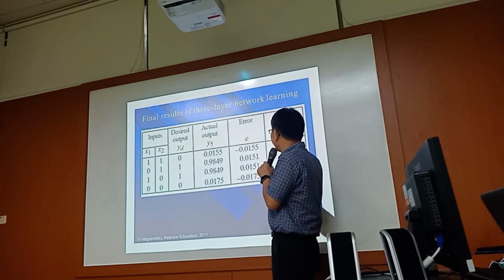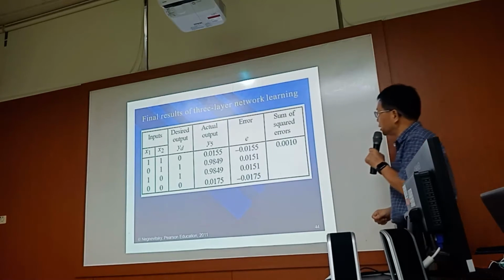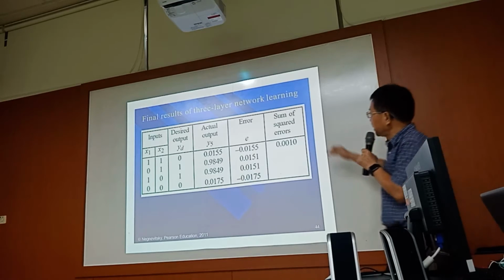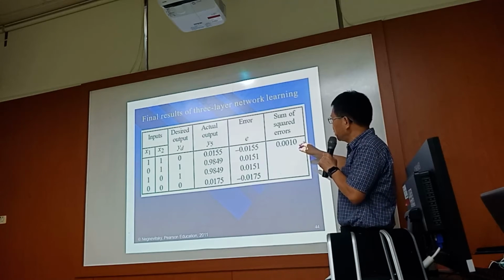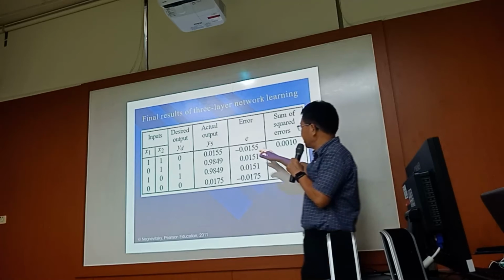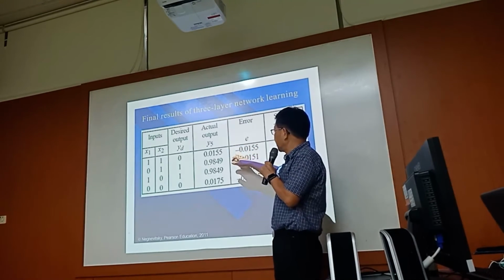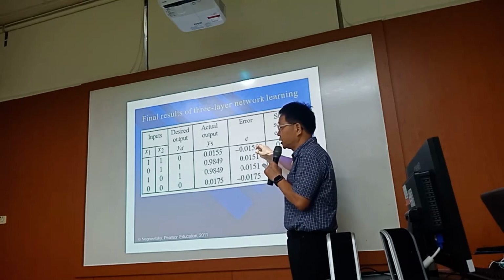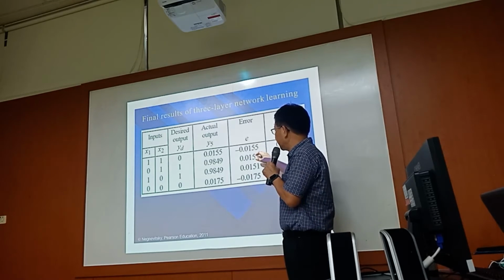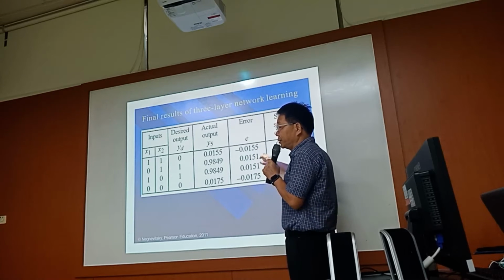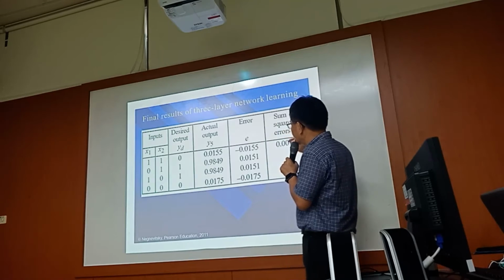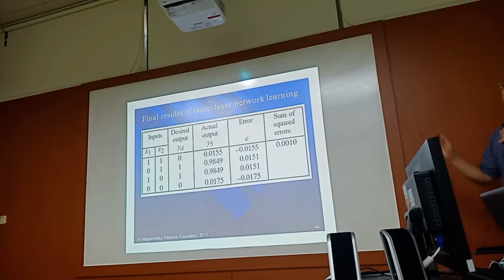It is acceptable. And then the sum of square error. Sum of square error means you square it, and add it, and take the square root, and find this value.